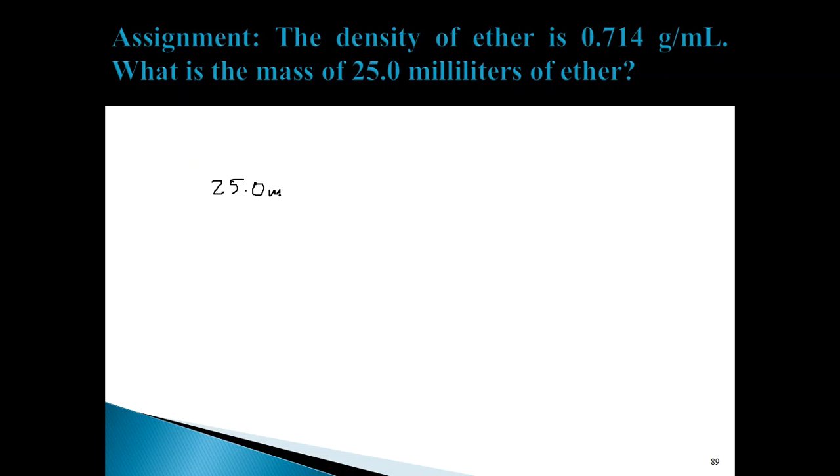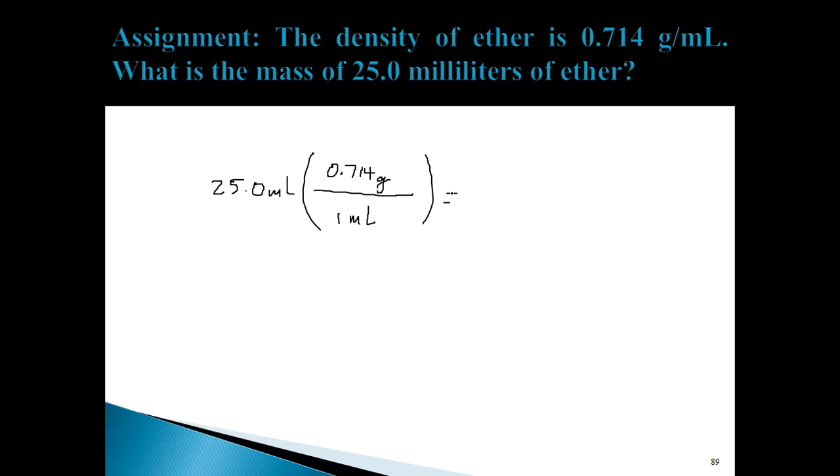So what I'm going to do here is start off with the 25.0 mL, and express the density as a conversion factor. Right now the density is 0.714 grams per mL. So the way I would express it here is that I would put 1 mL here, and I would put 0.714 grams above as a numerator. And that's it.